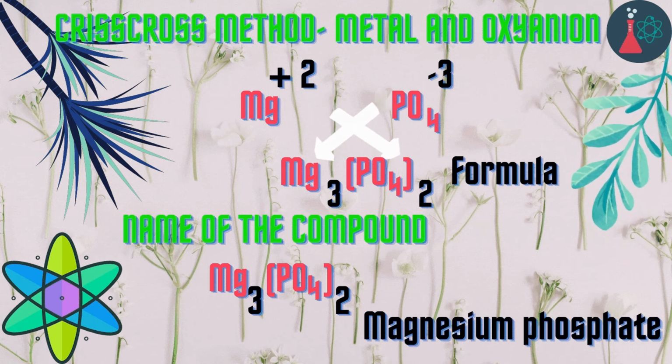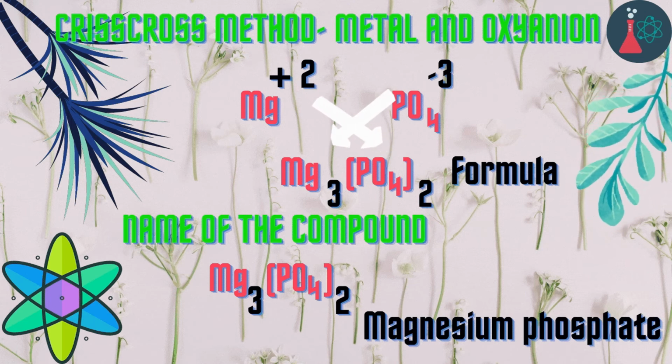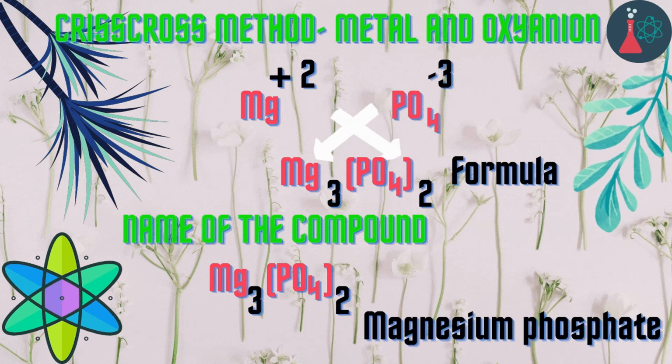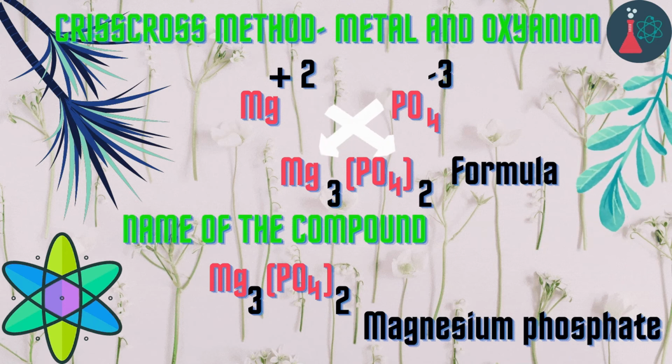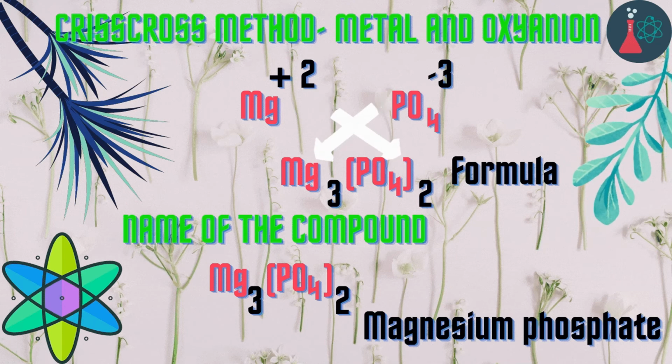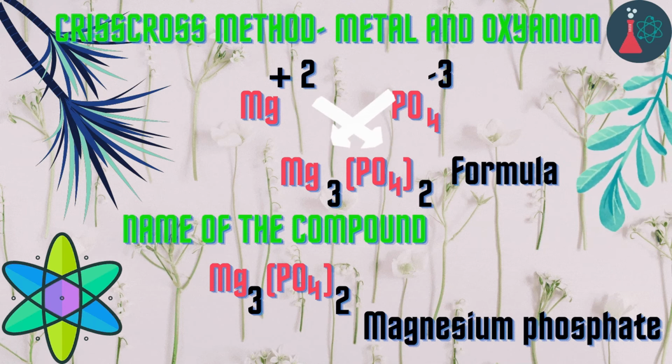How about the name? How do you name Mg3(PO4)2? You name first the metal, magnesium, and then give the name of PO4, which is phosphate. The correct name is magnesium phosphate.